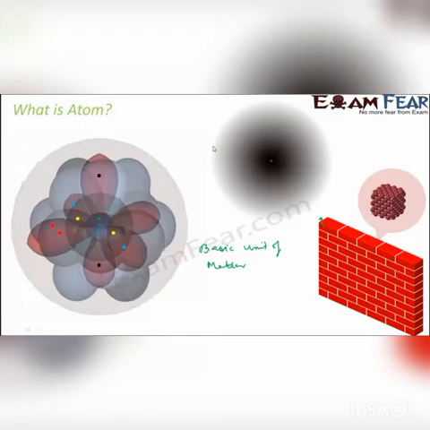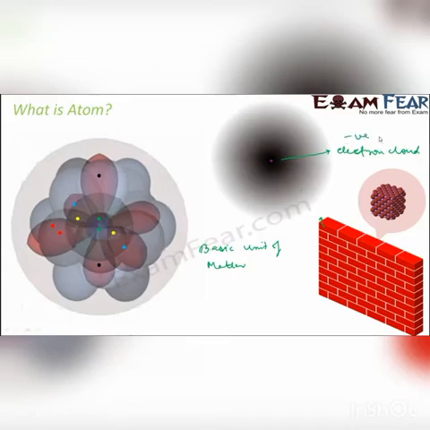It consists of a central nucleus. If you see, there is a central nucleus here, the one in red, and then the electron cloud. Whatever you see in black is the electron cloud. We'll talk about these things in detail in the next chapter. Just understand that an atom is nothing but a central nucleus surrounded by a negatively charged electron cloud.